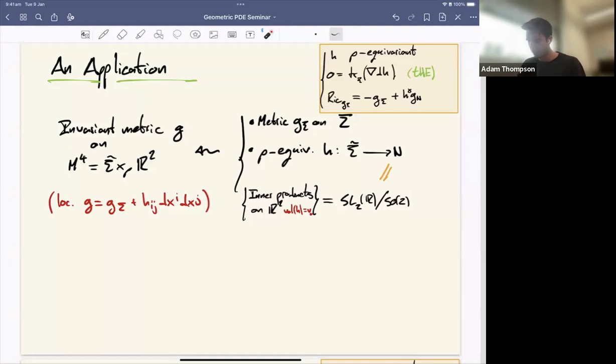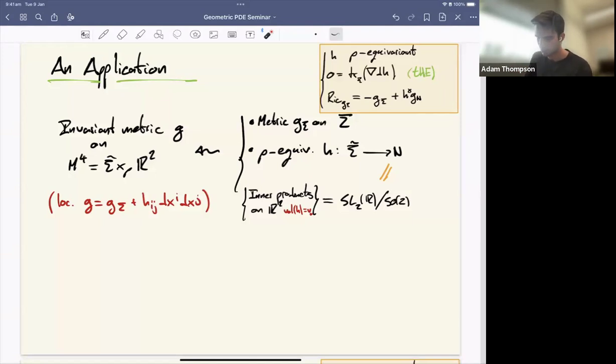If I take these two, then I can cook up what I call an invariant metric on this vector bundle. It's not invariant in the sense that there's a global R2 action, but if you look locally, there is an R2 action. So it's morally invariant, but there's not quite a global action there.